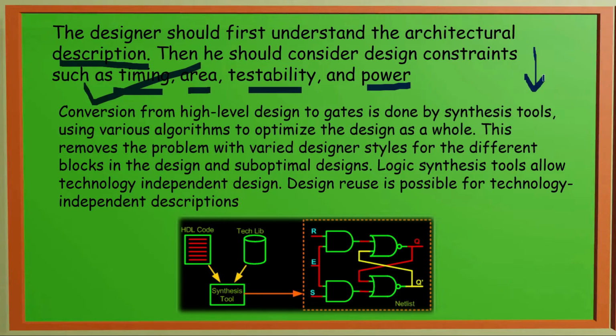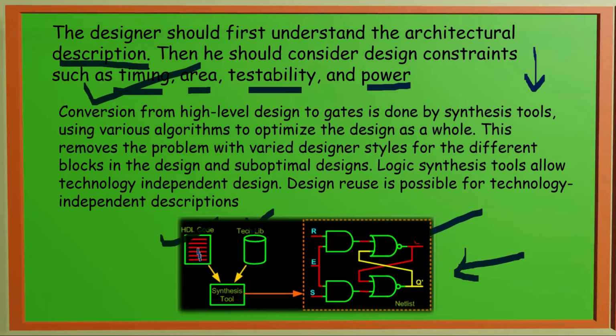Okay, let us see in short what happens in synthesis. We have an HDL code that we will create, and we will use the technology library. These two things will be required by the synthesis tool. It will take this text form and the library definition and convert it into gate level, and tell us, okay, this is how it looks.